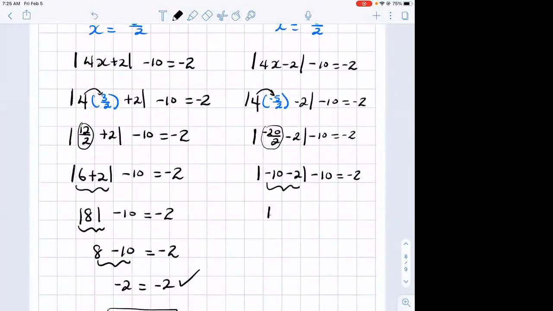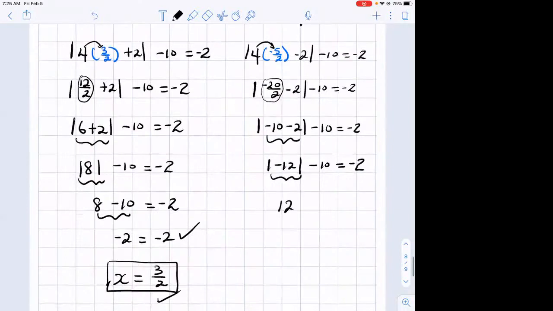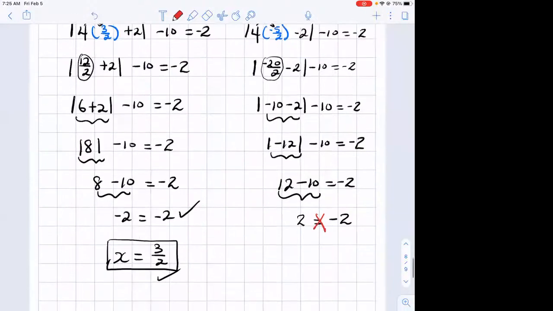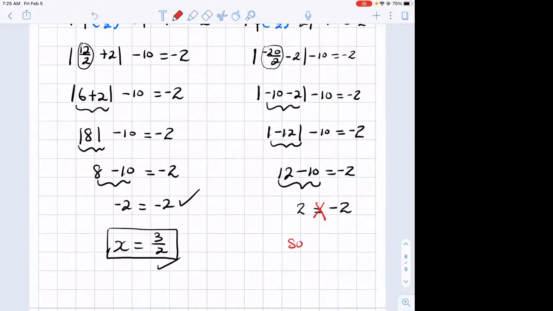Minus 10 minus 2 is minus 12. The absolute value of minus 12 is positive 12. 12 minus 10 is 2. So here we have 2 is equal to negative 2. And this is not true.